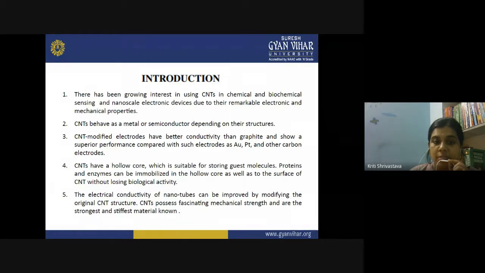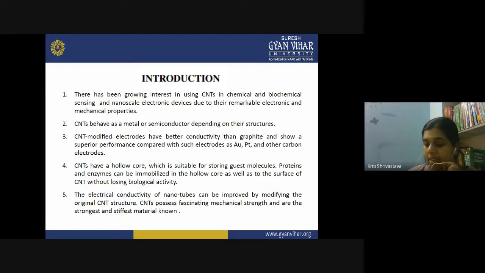Proteins and enzymes can be immobilized in the hollow core as well as on the surface of the CNT without losing biological activity. This property is really very significant: biomolecules can be immobilized on the surface of the carbon nanotube or inside the hollow core, even without losing the biological activity.